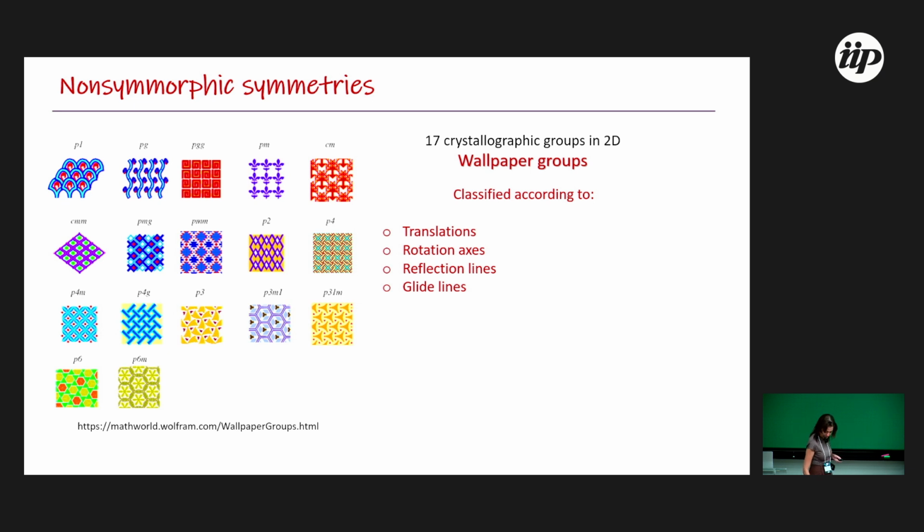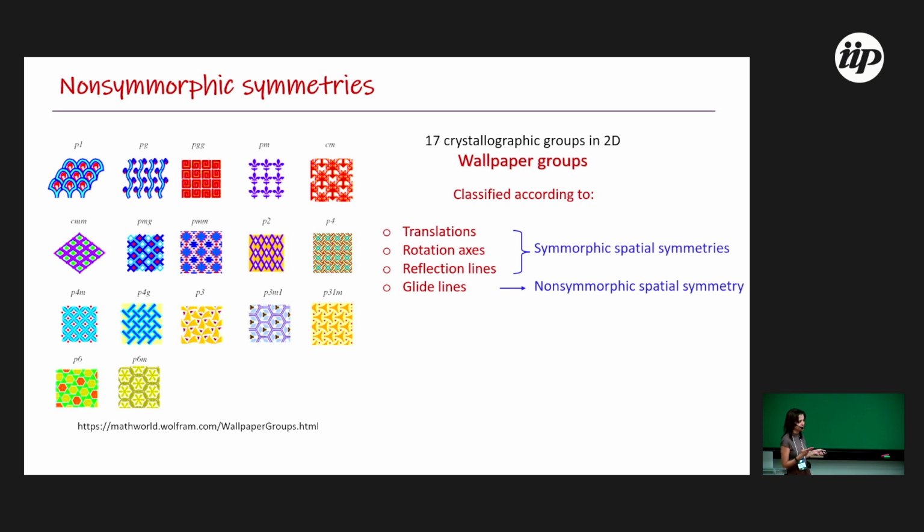And so out of the 17 groups, these groups are classified according to these symmetries: translations, rotations, reflections, and in 2 dimensions, you have just one type of non-symmorphic symmetry, which is the glide plane or glide line, as opposed to 3 dimensions where you also have a screw axis.